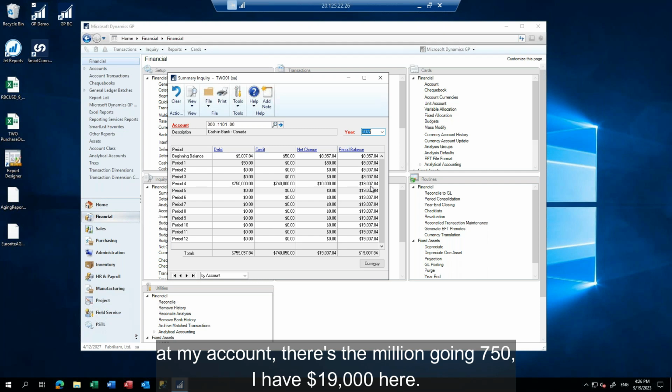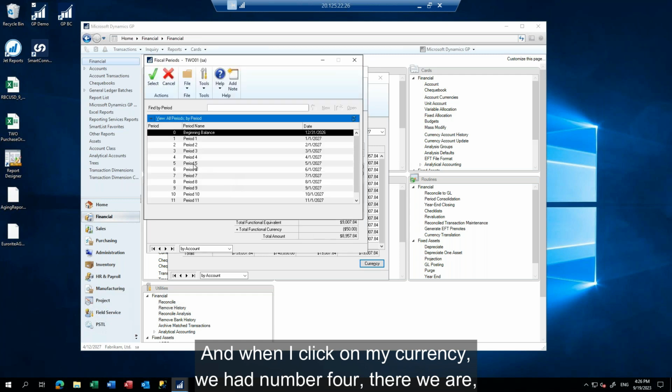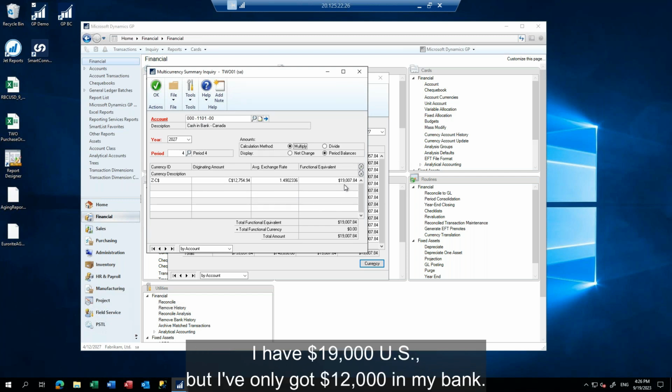I have $19,000 here. And when I click on my currency, period number 4, there we are. I have $19,000 US, but I've only got $12,000 in my bank.